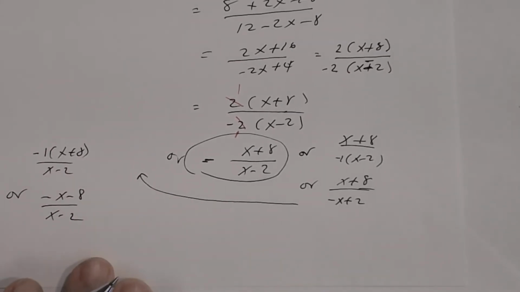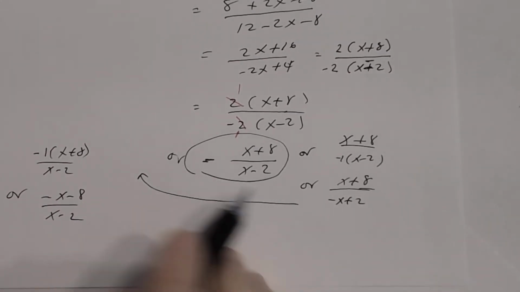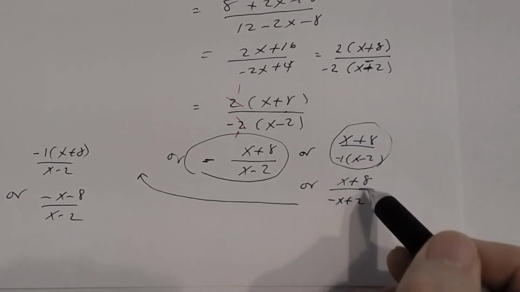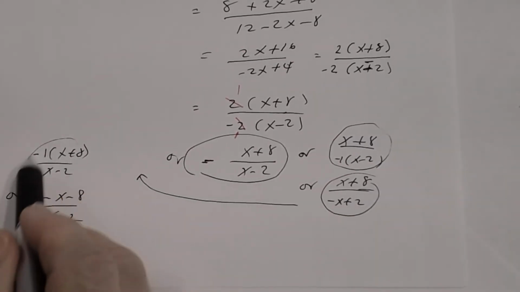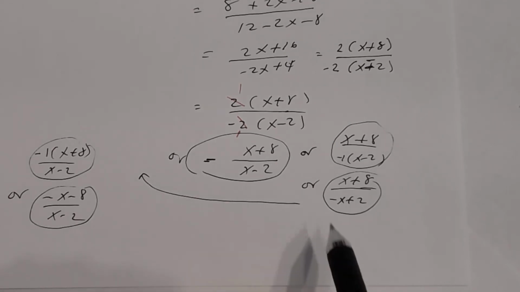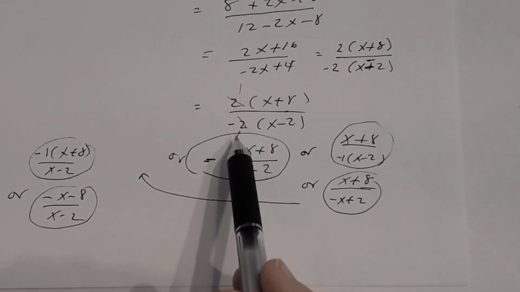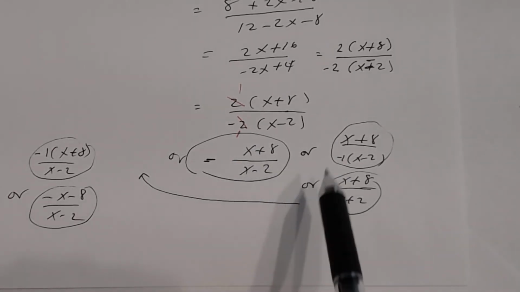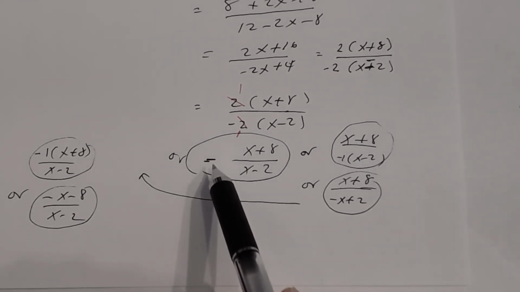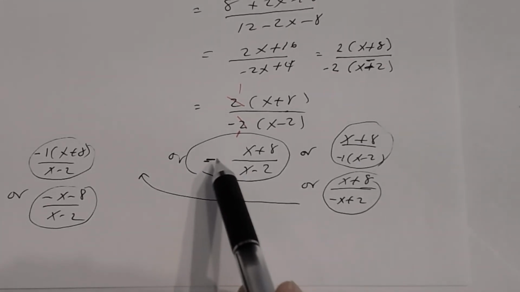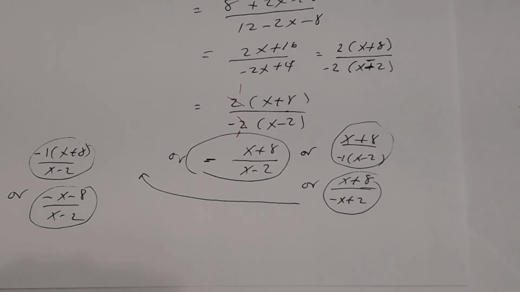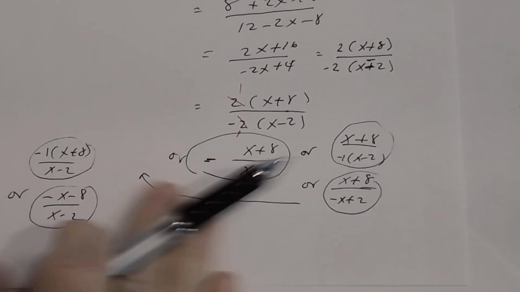So all of those are fine. But remember, we circle all the possibilities for your answer. So for the negative 1 factor, there are multiple ways of writing it, but it's preferable just to put the negative out in front of the fraction. All right, so that was number 7.